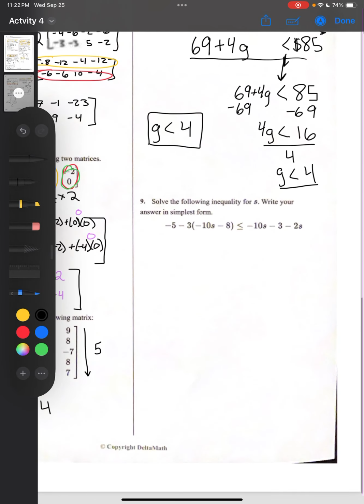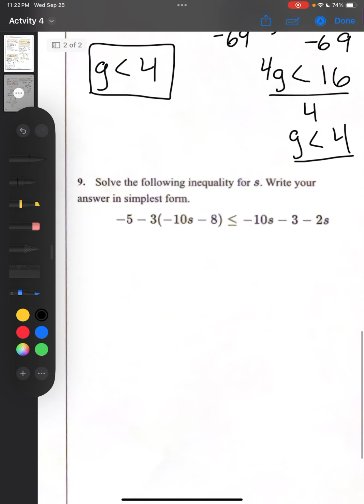All right, finally, this is number 9. Number 9 is just asking you to solve the inequality for S, and write your answer in simplest form. Now from here, I just like to move like terms together, so I'm going to do that in one step.